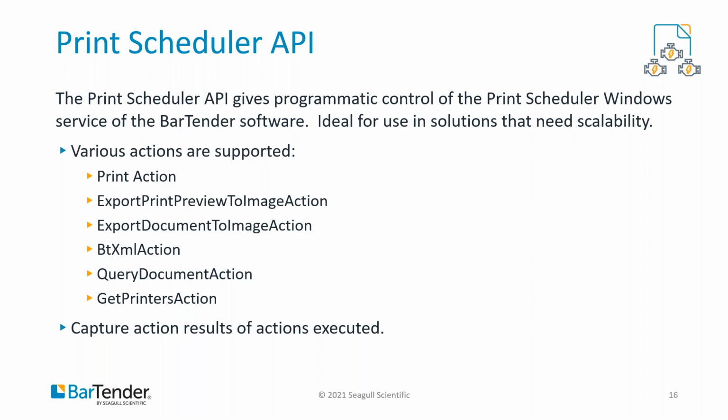And the Print Scheduler is mostly used for the integration platform, because when the integration platform wants to perform BarTender actions, it normally makes a request for those actions through the Print Scheduler service and the Print Scheduler service API.